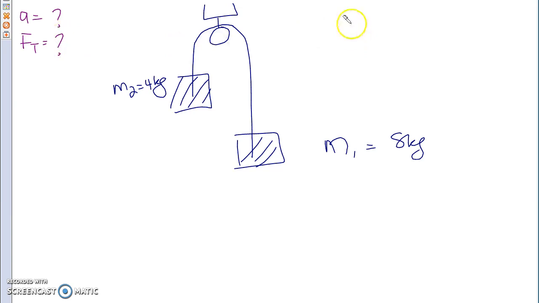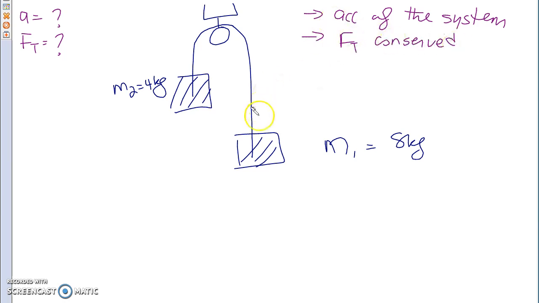Now, a few assumptions that we made before we started these questions: firstly, we're solving this as the acceleration of the system, not of the individual masses. Number 2, the tension in the rope is conserved all the way through, so the tension here is equal to the tension there.